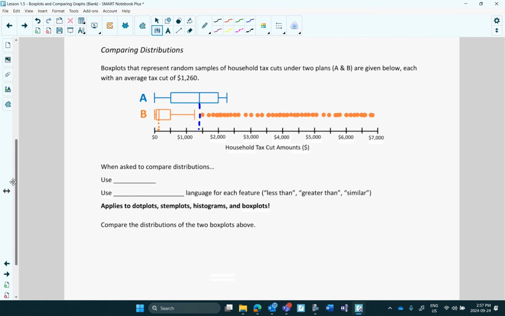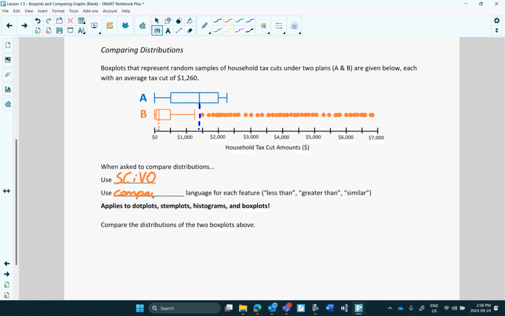So again, when we compare distributions, and I talked about this before, use the four components. Use comparative language when you can.